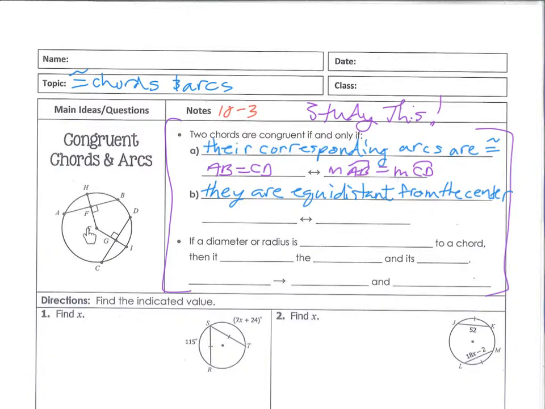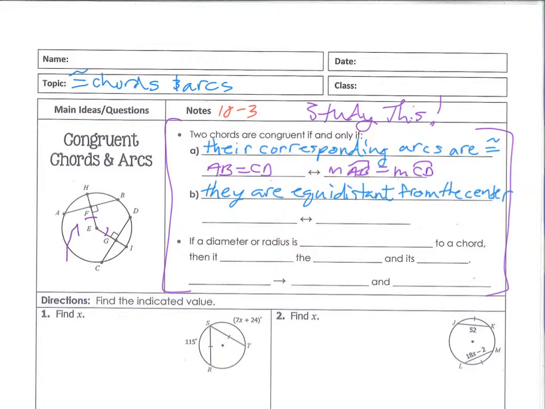We learned that also back in first semester. So this distance from E to F represents the distance from the center to that chord. This segment E to G represents the distance that chord CD is from the center. And what it's saying is if these distances are congruent, then the corresponding chords are also congruent.